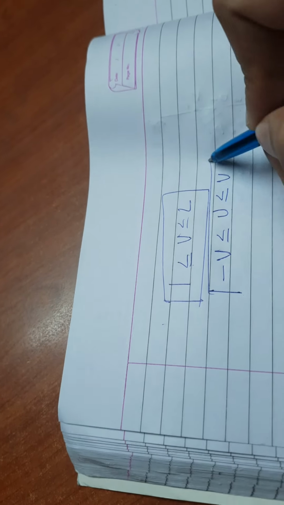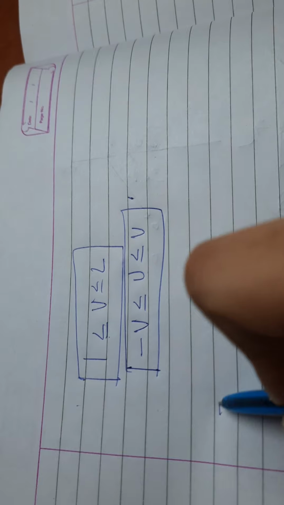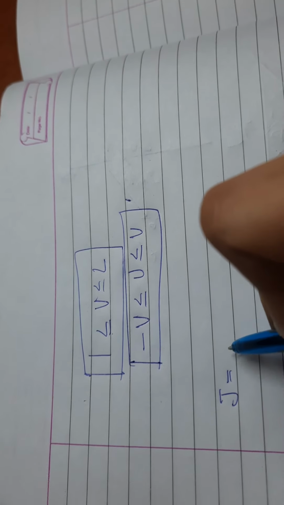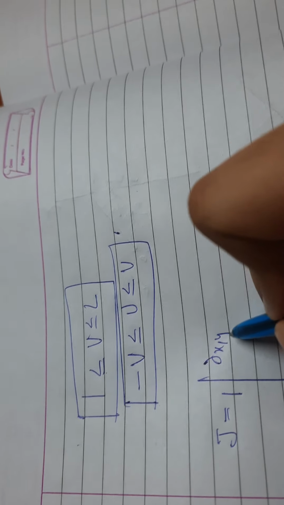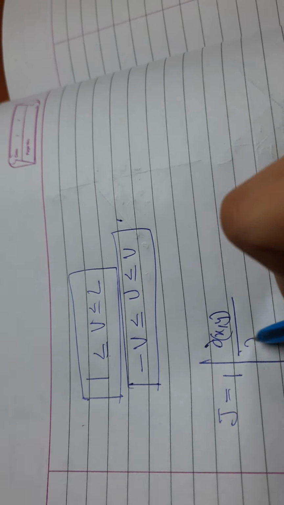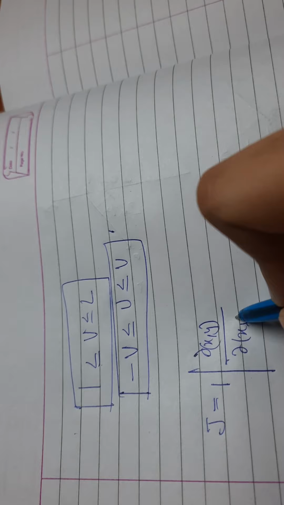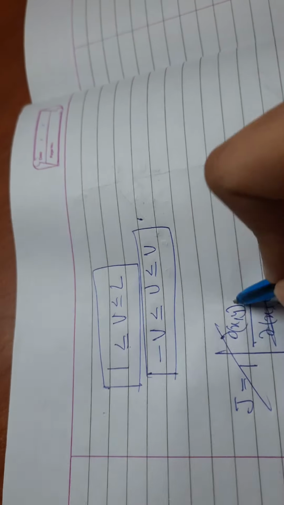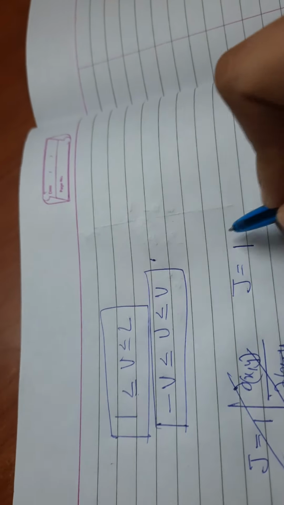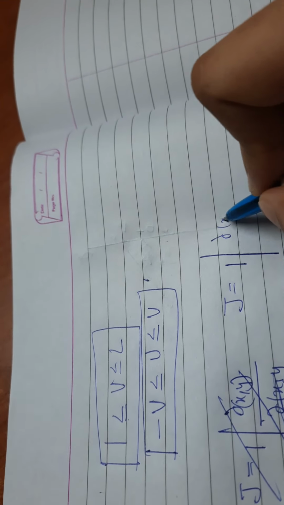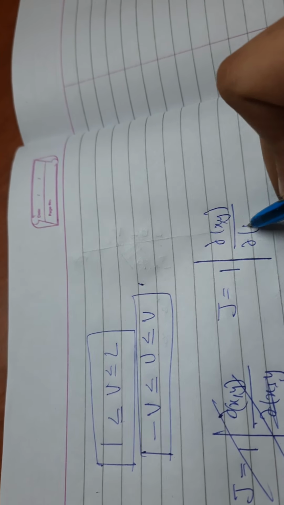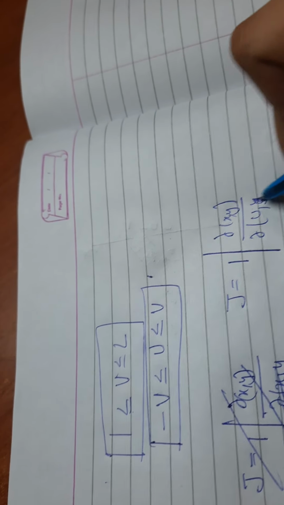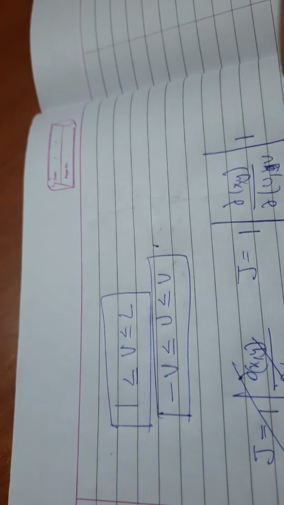These are the two limits we got, and now we have to find the Jacobian value. The Jacobian is the modulus of the partial derivative of (x, y) with respect to (u, v).